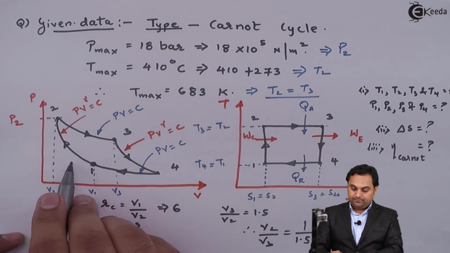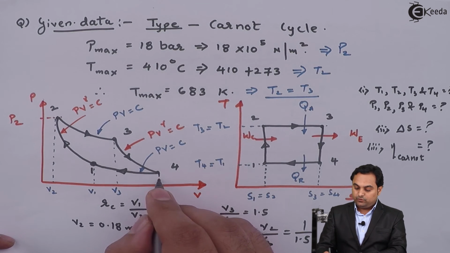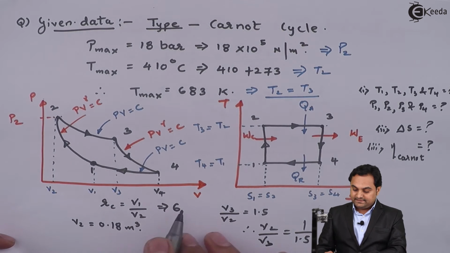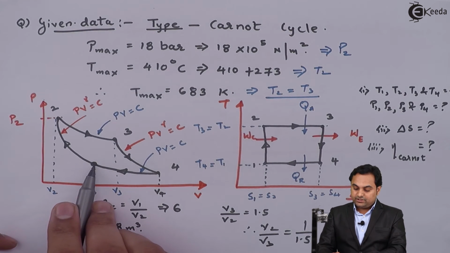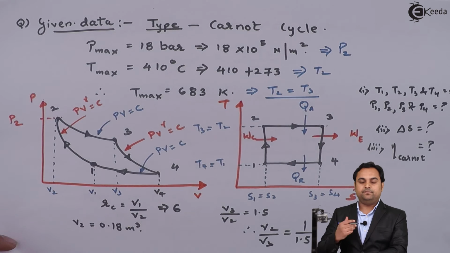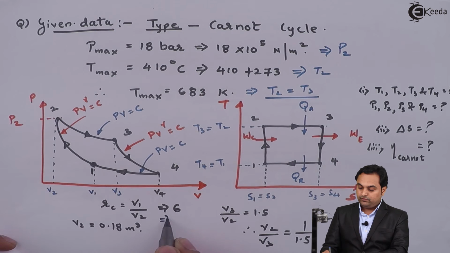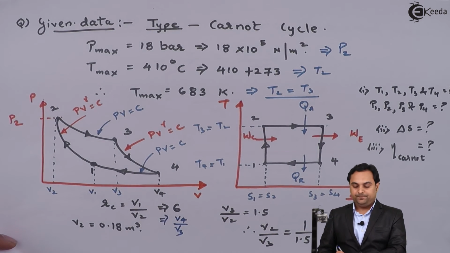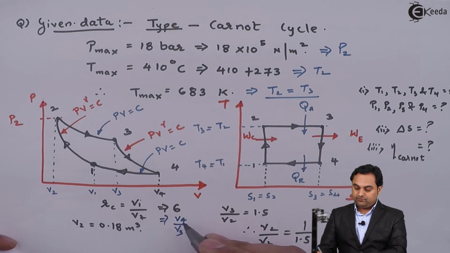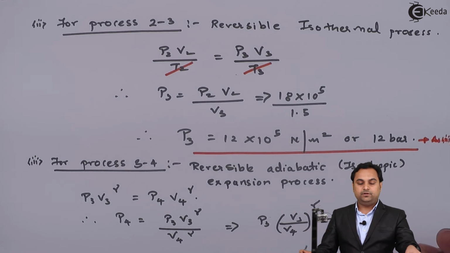Like during compression the ratio was V2 by V1, during expansion it will be V4 by V3 and both will be same. As I see here, V1 by V2 was 6, so we can even say V1 by V2, that is initial volume to final volume, or bigger volume upon smaller volume. Similarly here for 3 to 4 the bigger volume is V4, the smaller volume is V3, V4 by V3. So V1 by V2 is equal to V4 by V3. Now here we have V3 by V4, so that will be reciprocal.